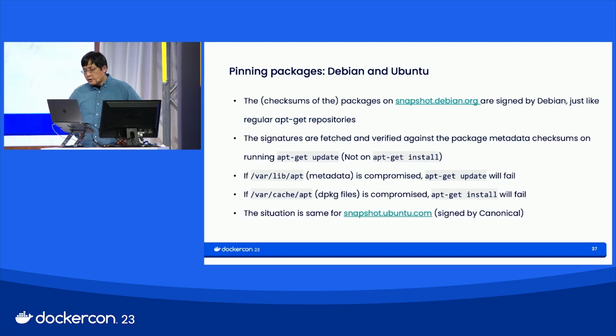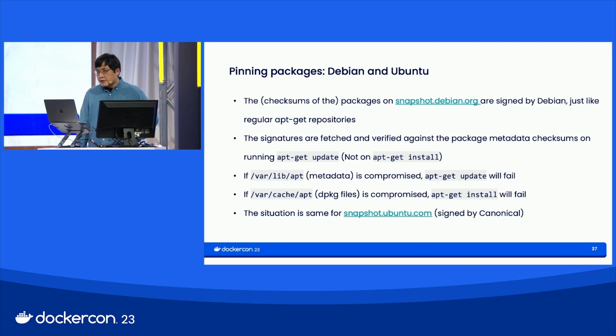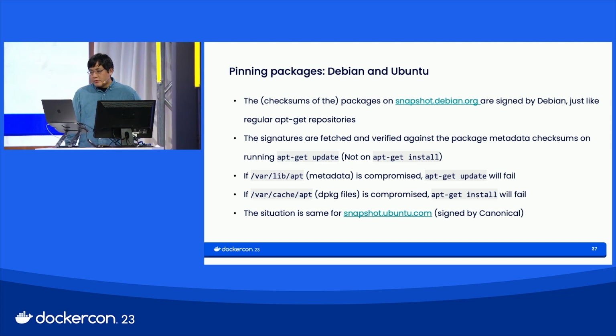And here is some discussion about the signature of the packages. When you have a cache, you have to be careful about the origin of the cached contents. The packages on snapshot.debian.org are signed by Debian, just like the regular apt repositories.